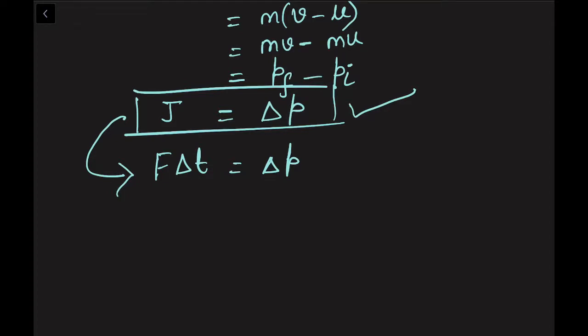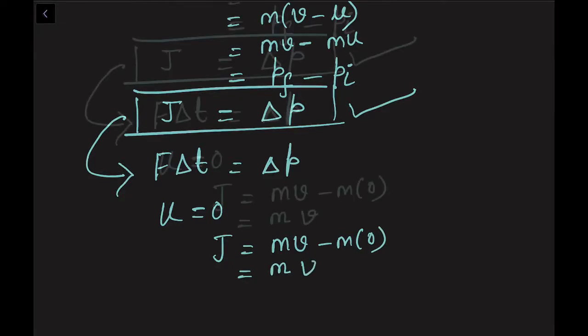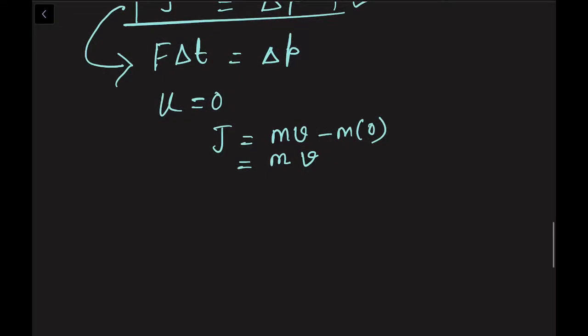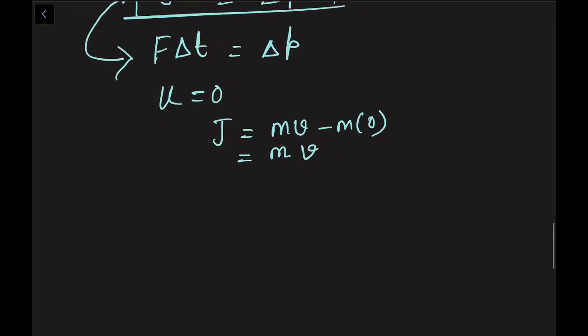Now if the body was initially at rest, that means u was 0, then we can write J is simply mv, because here mu is 0. From this expression J equals mv, we can define momentum once again.